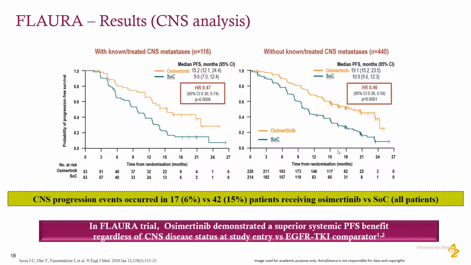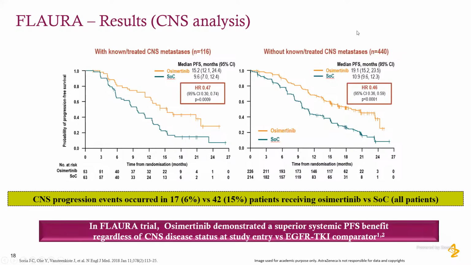In the CNS analysis report, looking at the graph, there is a wide separation of the curves from the very beginning. This indicates that the early separation of the curves is due to the low frequency of early resistance with osimertinib, in contrast to the first generation TKI.